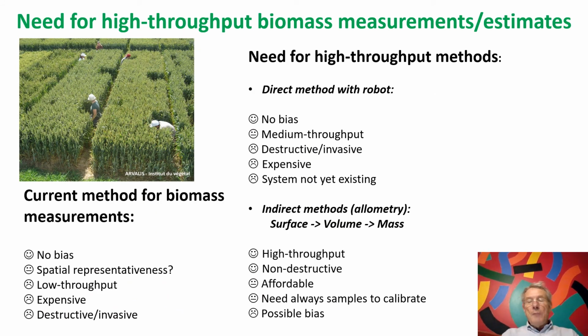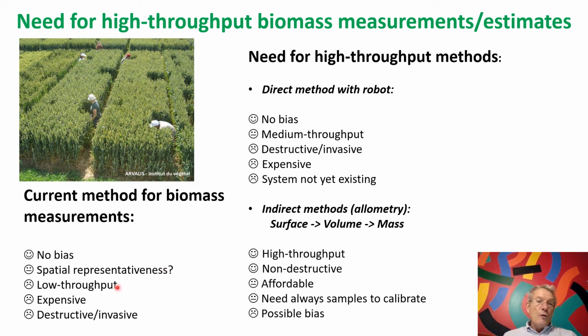The problem of estimation of the radiation use efficiency is that we need high throughput biomass measurements or estimates. Biomass currently is mostly measured with the classical method by destructive sampling, which is quite interesting because it has no bias, but because it's very expensive, the spatial representativeness is not very important because we have a small sampling area.